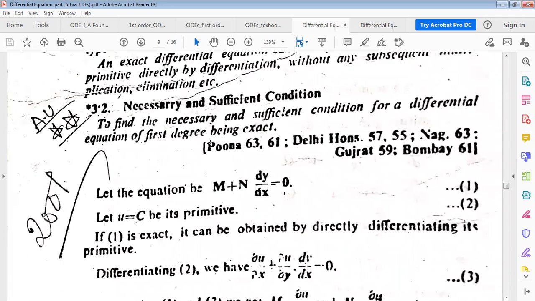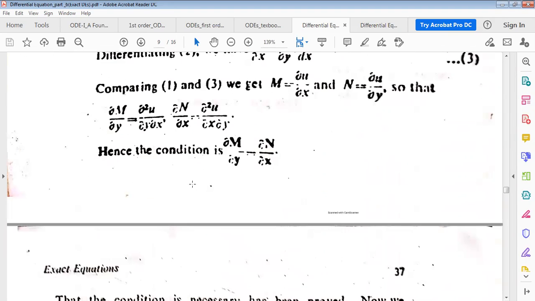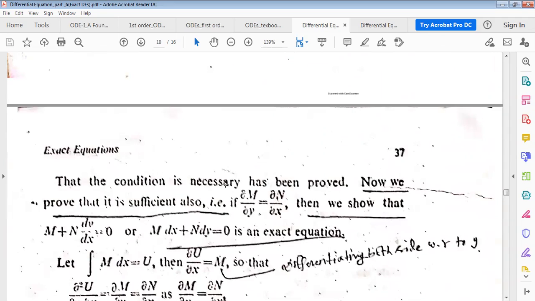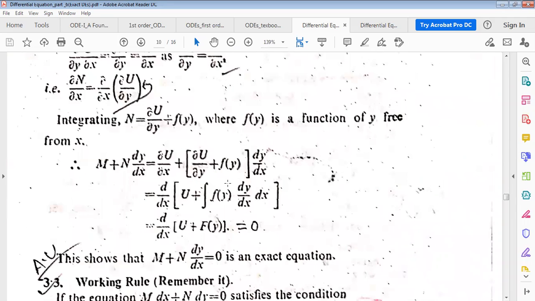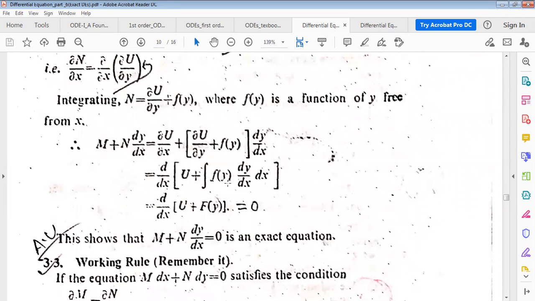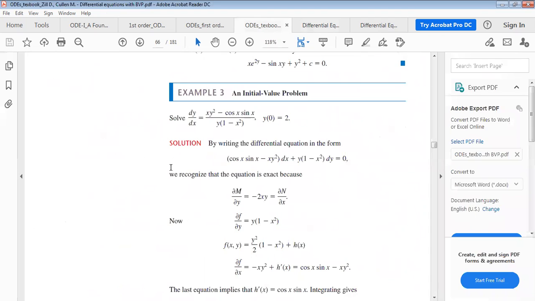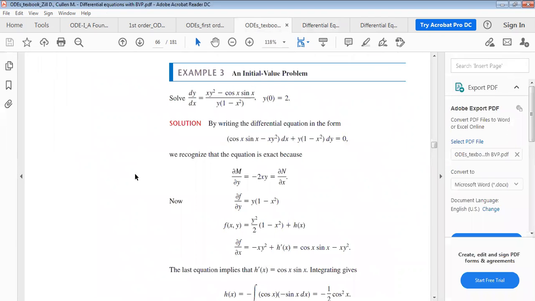Actually we have applied this necessary and sufficient condition for a differential equation of first degree to be exact. Actually this, del m by del y equals del n by del x, is the main sufficient condition for this. We have applied this in our example.